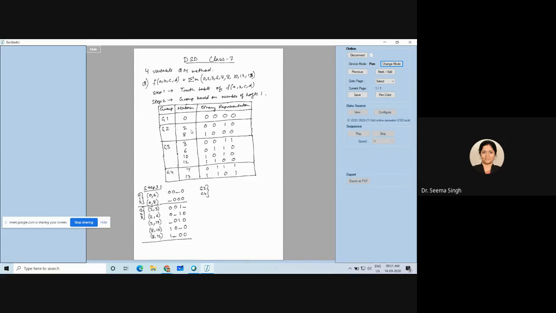Now when I see this pairing, can you tell me which are possible? 3 to 7 and 13? 3 to 7 is possible. 3 to 13? No. So 3 to 7 is 0 dash 1 1, right? Now 3 to 7 I have written.